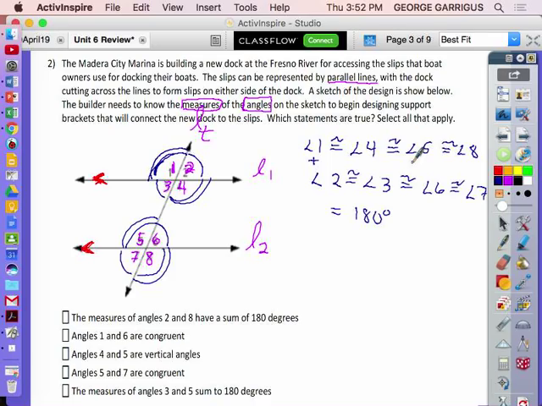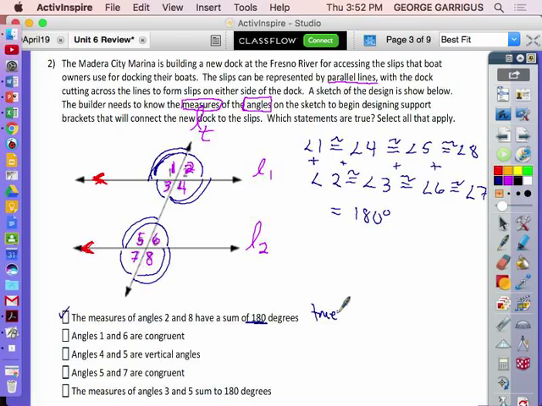Well, we know anytime, anywhere, if you add these together, you're going to get 180 degrees. So that's true. We'll double check by looking, where's angle 2? Right here, angle 8. Well, if I was to slide angle 2 down to where angle 7 is, they're congruent, right? They form a straight line, and straight lines are 180 degrees. True.